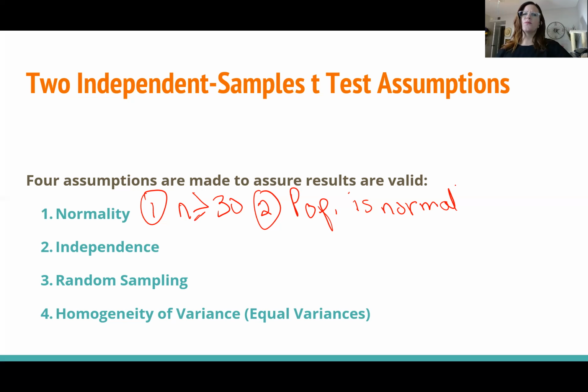We want our samples to have variances that are similar, but not terribly different from one another. We don't want two samples where one has a variance of 100 and the other has a variance of 5. That's a huge difference and would be really problematic to ensuring that our results are valid. This is something we have to test mathematically, or using statistical software. You'll be learning how that works as we go through the steps.